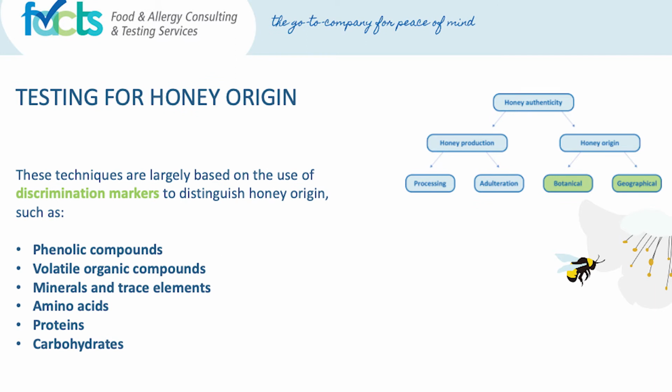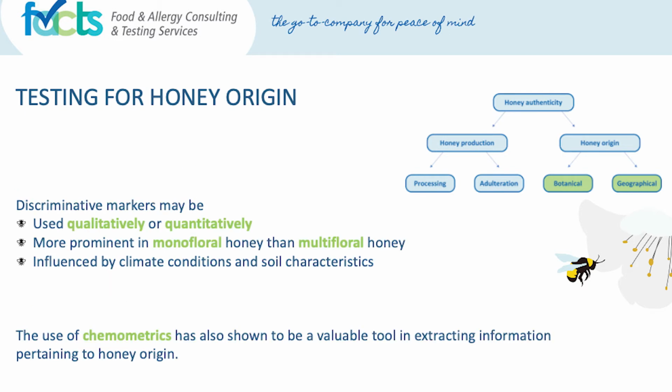These techniques are largely based on the use of discrimination markers to distinguish honey origin, such as phenolic compounds, volatile organic compounds, minerals and trace elements, and then amino acids, proteins, and carbohydrates. Discriminative markers may be used quantitatively, so to tell us how much of a particular honey is in a sample, or qualitatively, where you can screen an unknown sample and basically know what kind of honey it is or what floral source it came from.